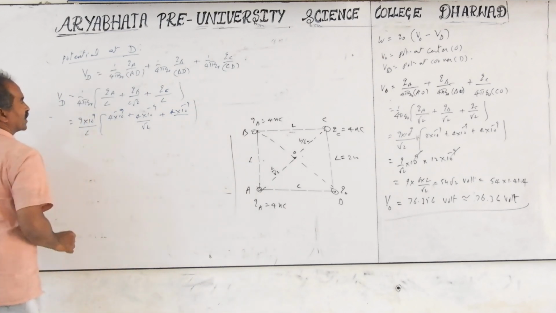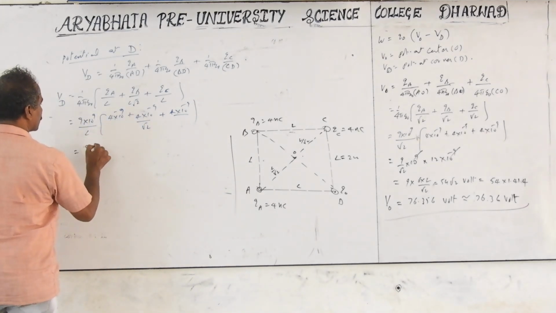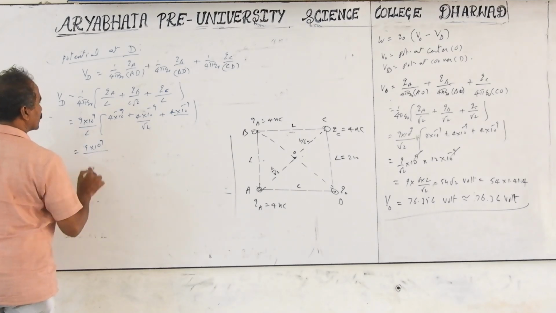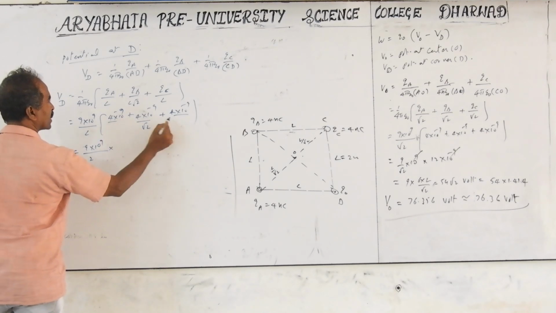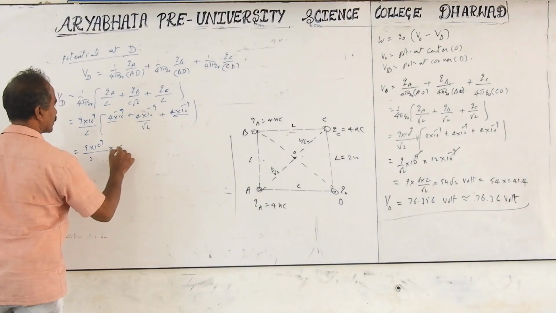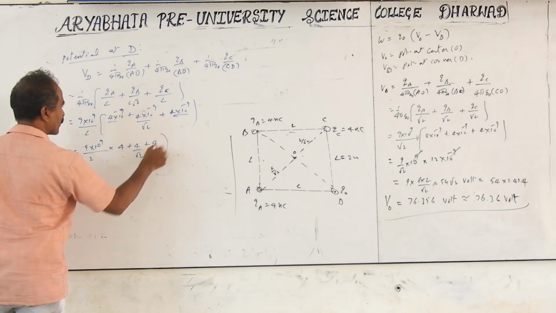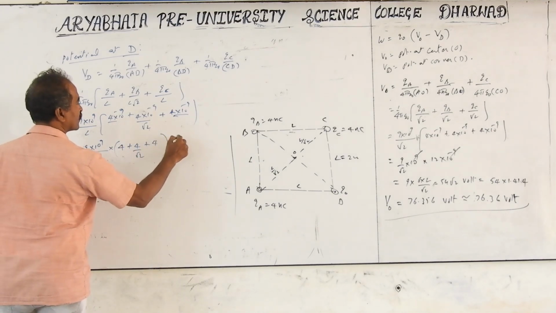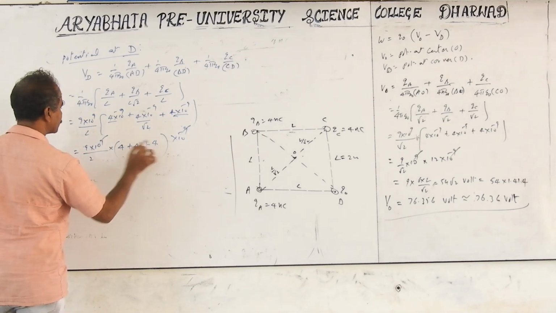L taken out, what comes is 9 into 10 to the power of 9 by 2, into 10 to the power of minus 9 times 4 plus 4 plus 4. Powers cancel.